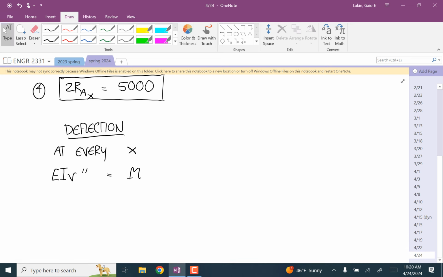And so where are we going to know stuff? Our boundary conditions are going to be, first, the deflection at x equals 0 is going to be 0.